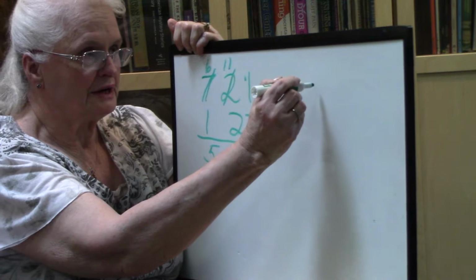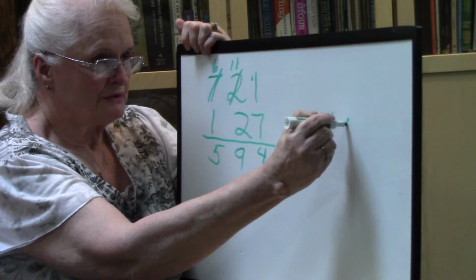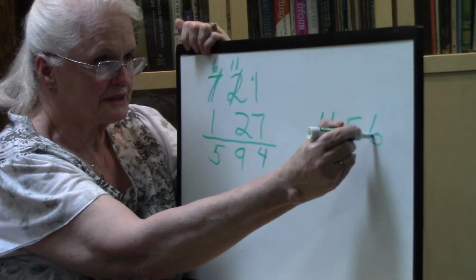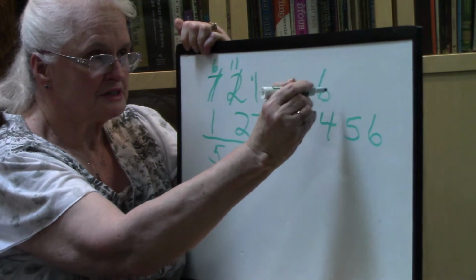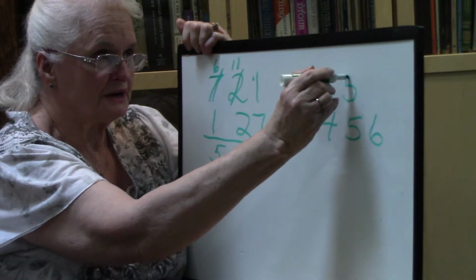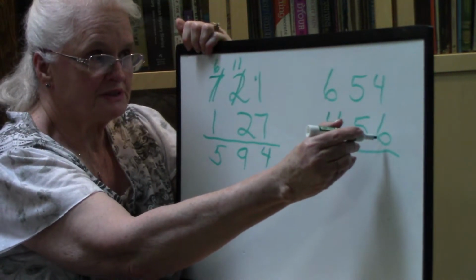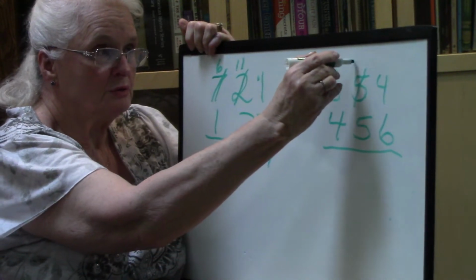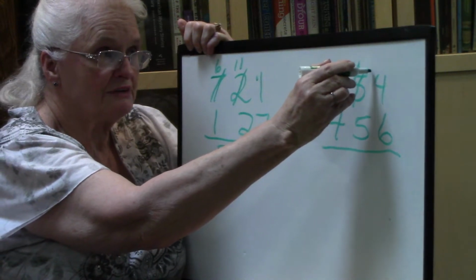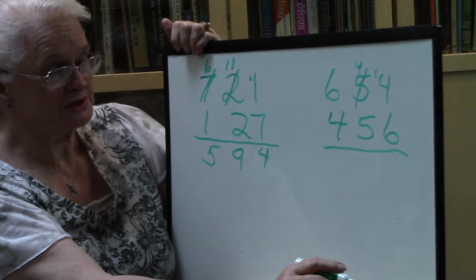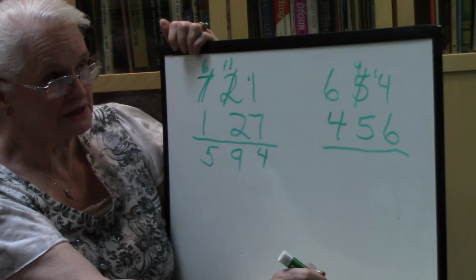456. All right, we have 4, 5, 6, and we will reverse it to make 6, 5, 4. Now we'll subtract. 4 take away 6 we can't do. We'll borrow a 10 from the 5 and move those 10 ones over to the 4, making 14.